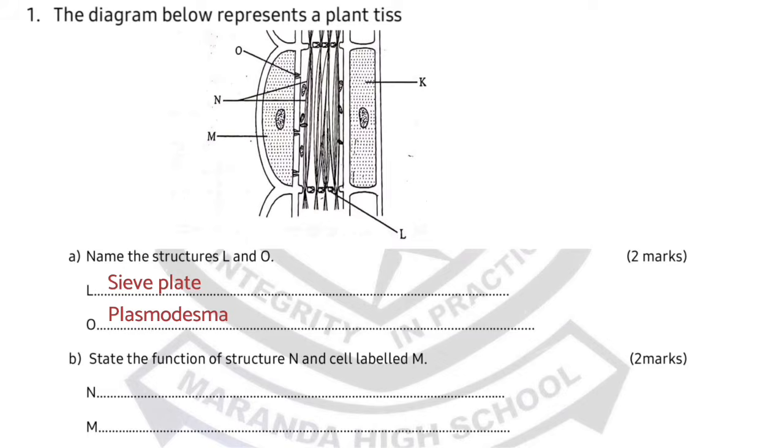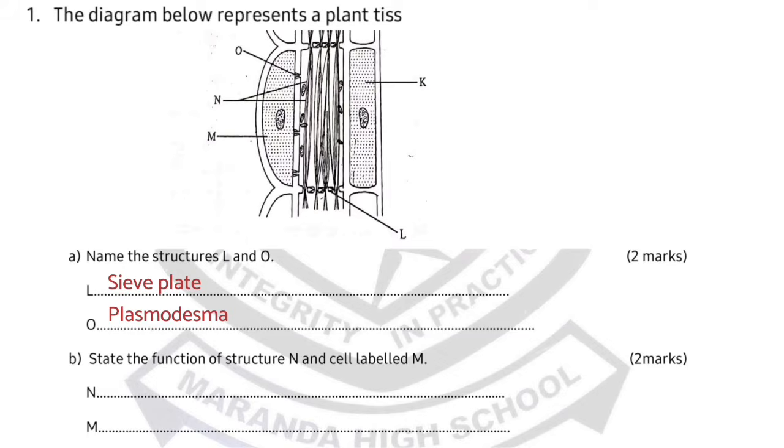sieve tube elements. So they allow for the quick passage of small molecules such as sugars, glucose, amino acids, and even hormones. Now, I need you to remember sieve tube elements lack nuclei, okay? They lack nuclei and actually a lot of other organelles.